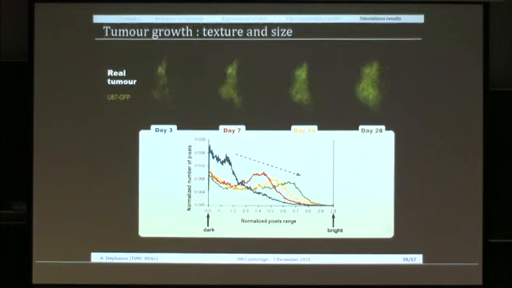Okay. So as I said, it's not only the size and shape of the tumor that matters, but also the texture. And we thought of some way to try to highlight this change in texture, because, as I said, we work with a 2D slice, but in fact what we see is the integration of a 3D tumor. So what we see, which is dark, can be some cells in a different plane on our picture.